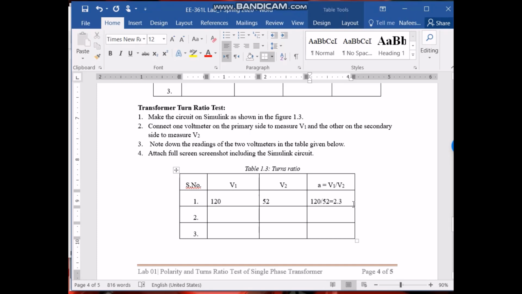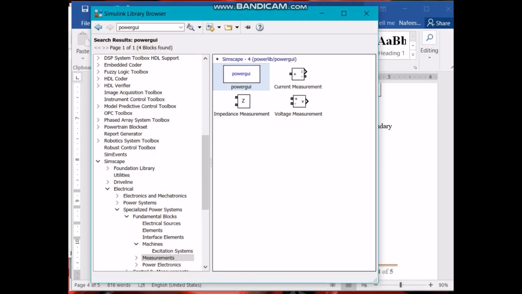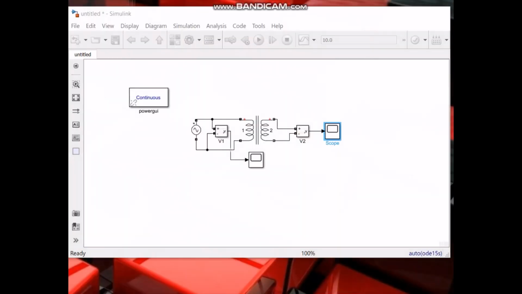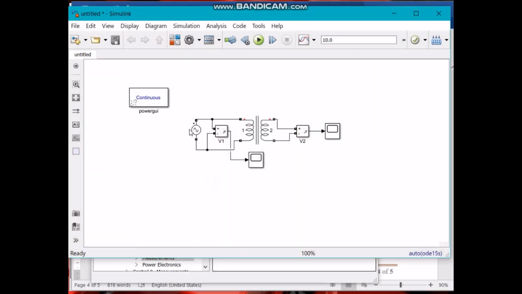And since the voltage is decreasing at the secondary side, we can say that this is a step down transformer. Okay, so that's it. This was a simple polarity test and transformer ratio test.